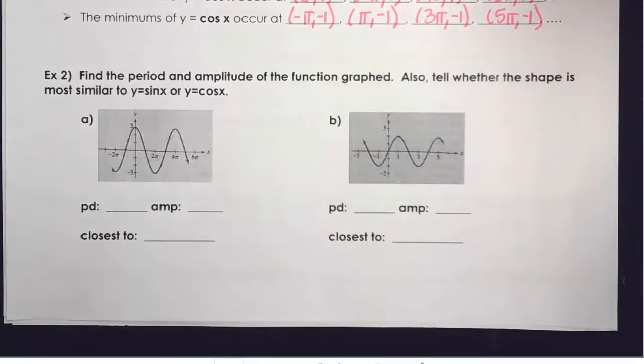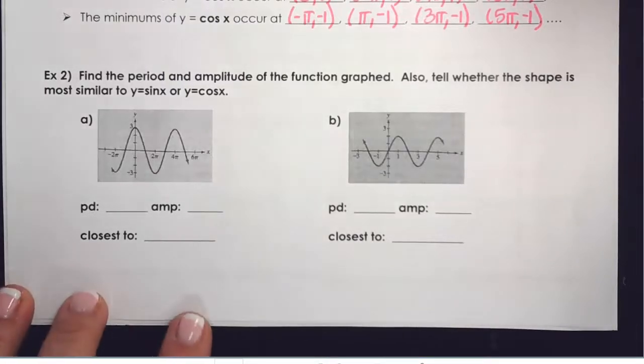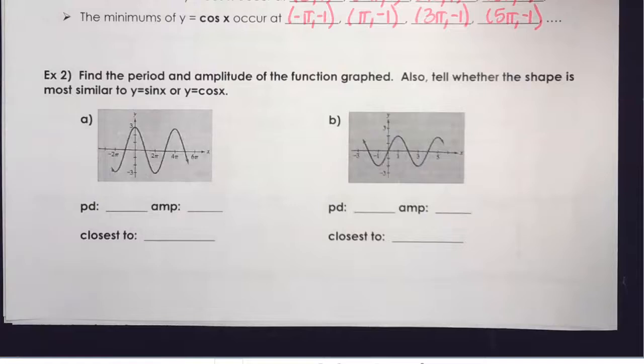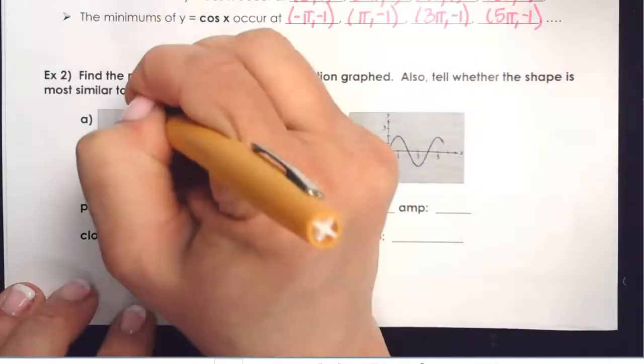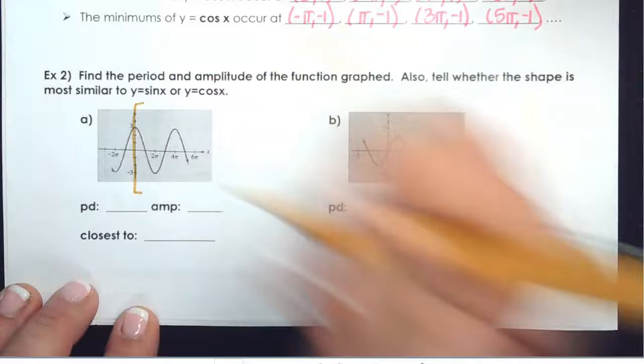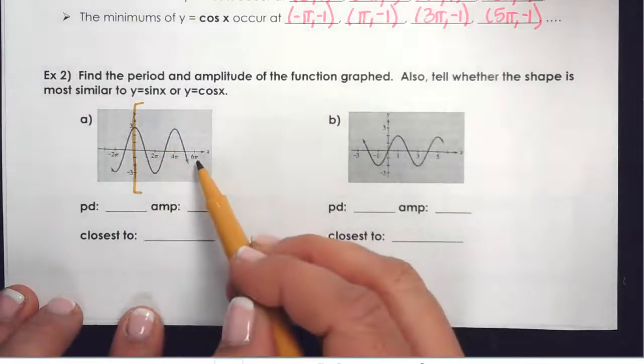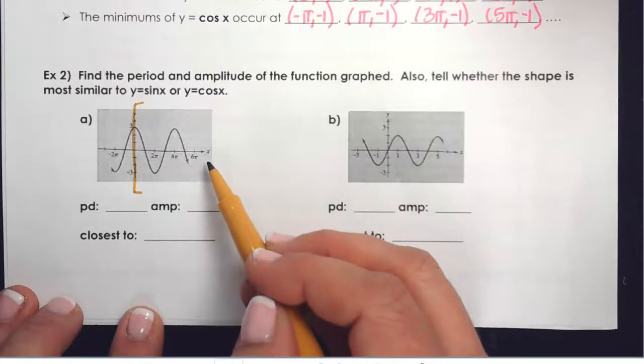If I'm looking at example 2A, let's look at the period. To find the period, you want to look at where it starts and then where it stops. So a lot of times, it looks like we could see a starting pattern at the axis. And I have some students tell me that the period is 6 pi because that's where the end of the graph is.